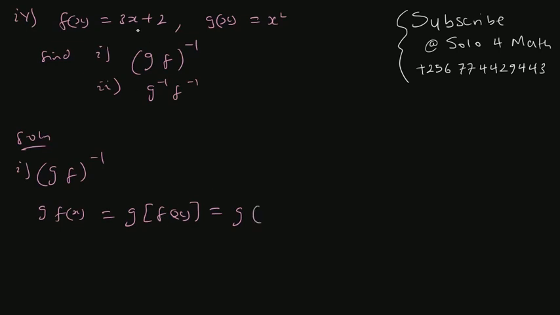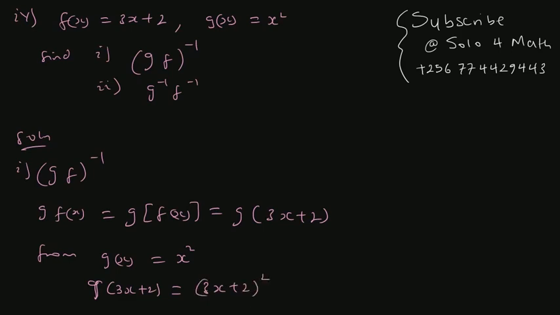What was f(x)? It is 3x + 2. So from our function g(x), which is equal to x squared, if you want to find g of 3x + 2, wherever there is x, we put (3x + 2) squared, and this is actually equal to gf(x).